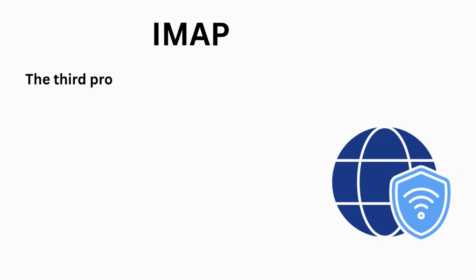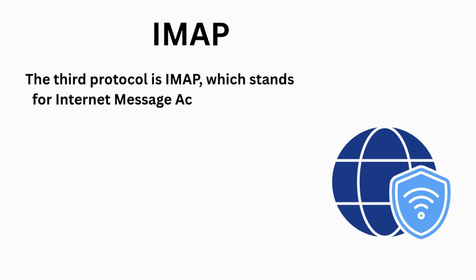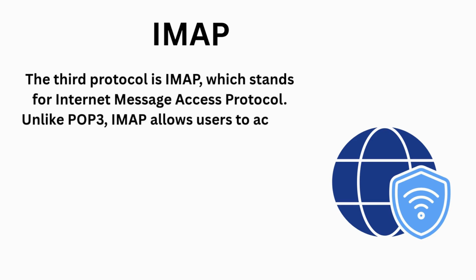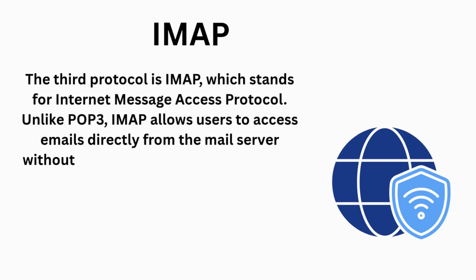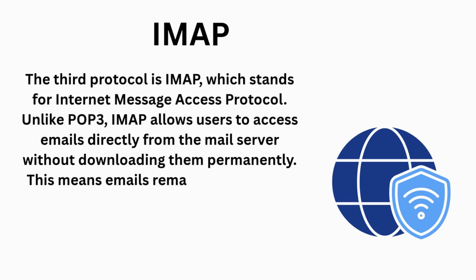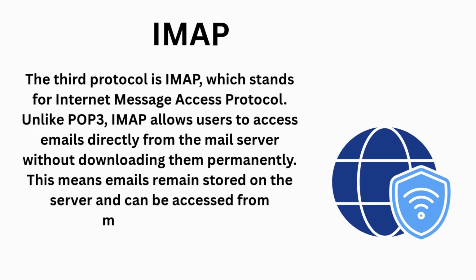IMAP. The third protocol is IMAP, which stands for Internet Message Access Protocol. Unlike POP3, IMAP allows users to access emails directly from the mail server without downloading them permanently. This means mails remain stored on the server and can be accessed from multiple devices.